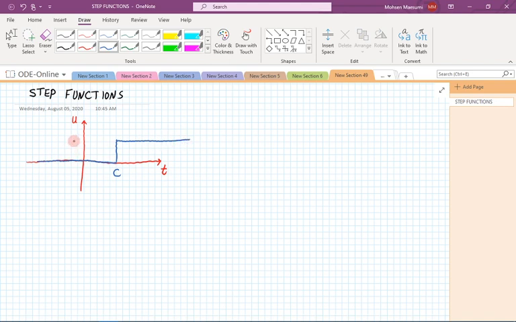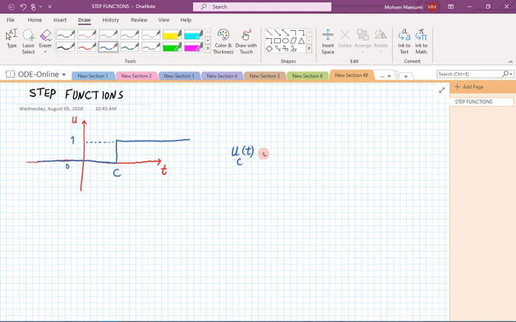We call this thing a step function. So it's switching from 0 to 1. And we write this as u sub c of t, or at least your textbook writes it this way.